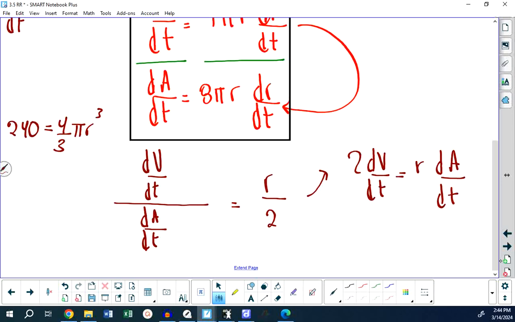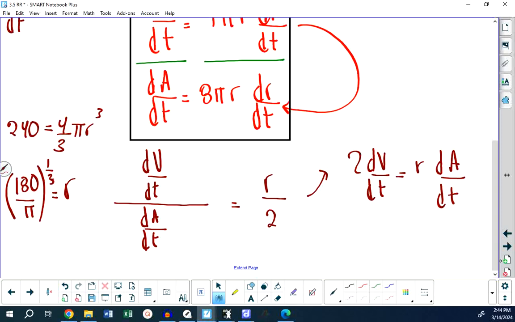Take 240 times 3 divided by 4. I believe r is the cube root of 180 over pi. So I would like you to confirm that when you take 240 times 3 divided by 4, you get 180. I'm sure you do, but yeah, over pi.